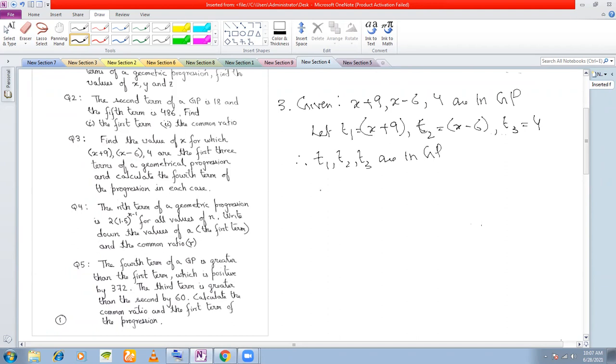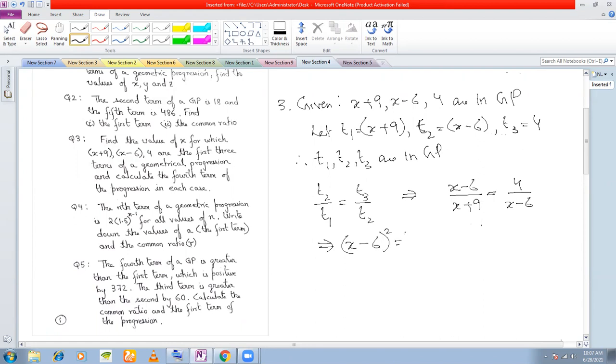Therefore, T1, T2, T3 are in GP. From the definition, what can we write? T2 by T1 is equal to T3 by T2, right? If three terms are in GP, put the values. X minus 6 divided by x plus 9 is equal to 4 by x minus 6, right? So cross multiply, you'll get a quadratic in x.